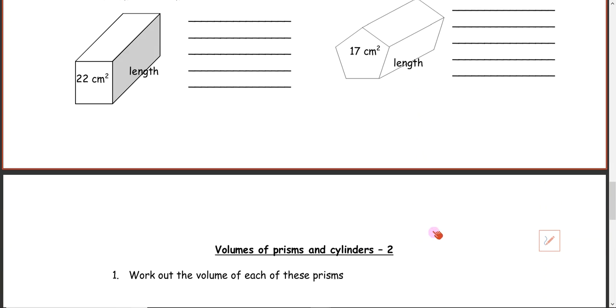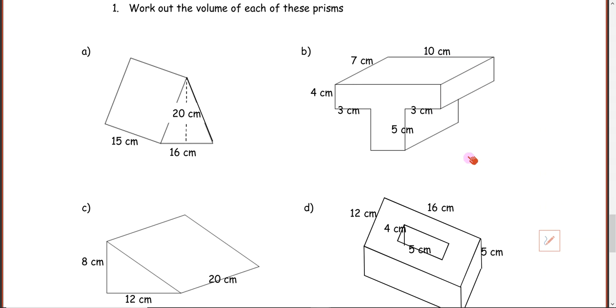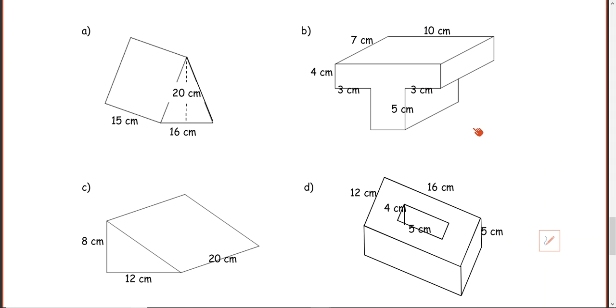Right, I'm just going to go to this one. These are the ones I asked you to do in your book because there's no work. But I just want to go through. This one's easy enough because it's just the area of a triangle, which is? Yeah, so we've got base times height divided by 2 times whatever length it is.